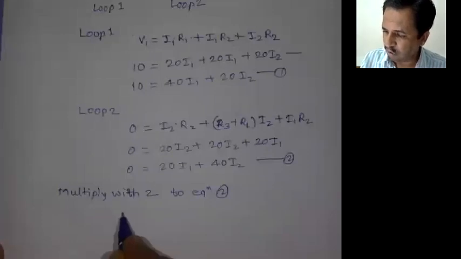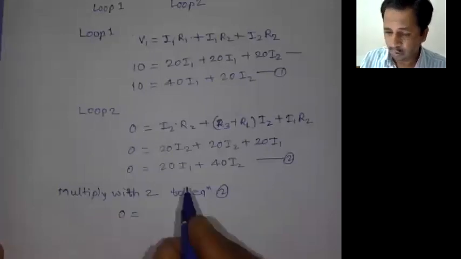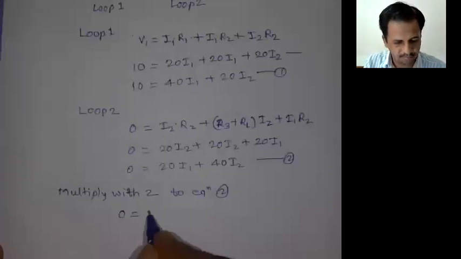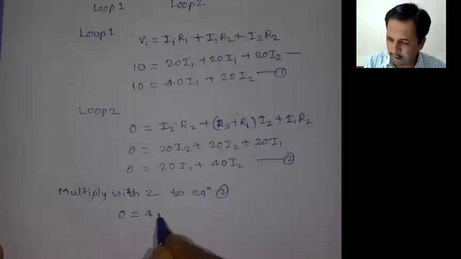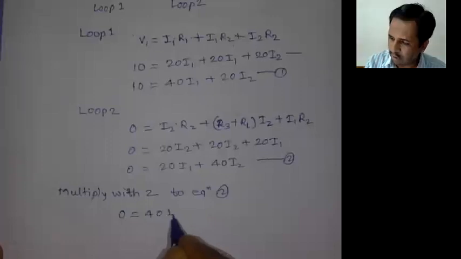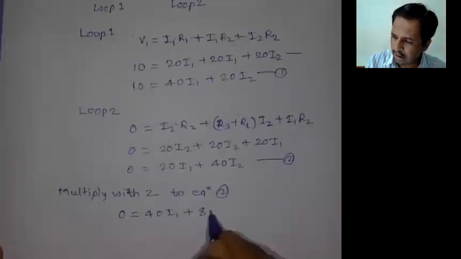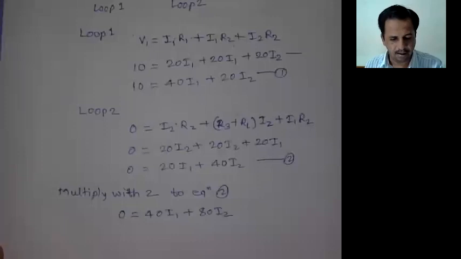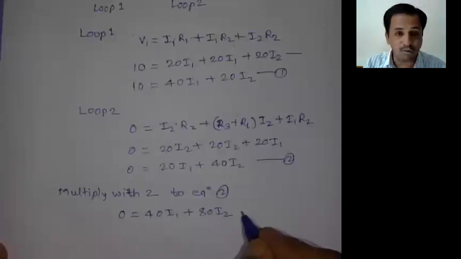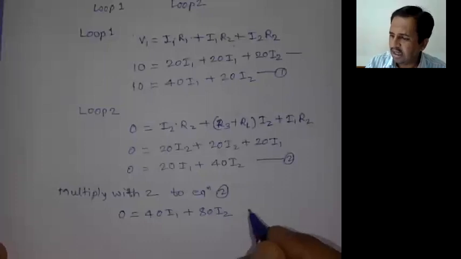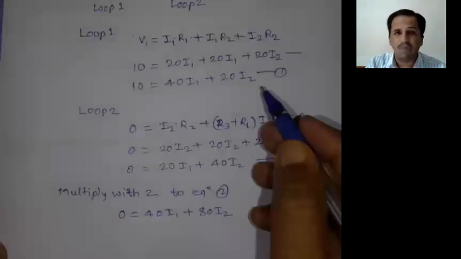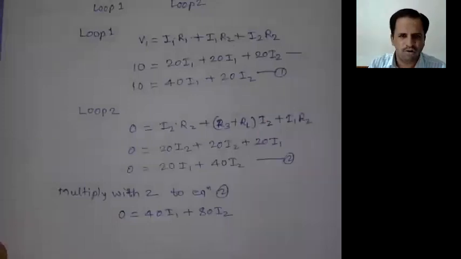Here it is 0 equal to 40 I1 plus 80 I2. This must be subtracted from equation 1, that is, from equation 1 we have to subtract this. Whatever term we get, the same result, there is no change.